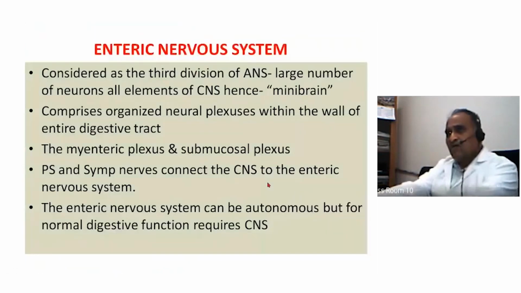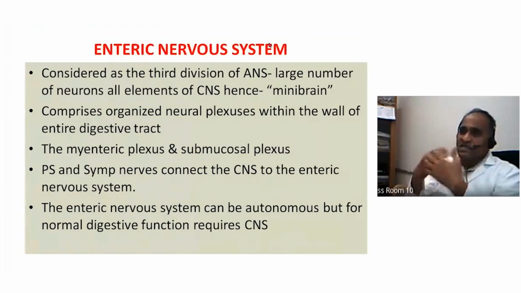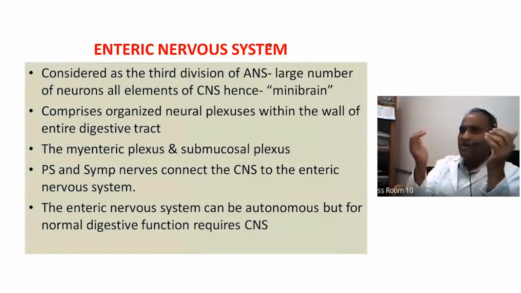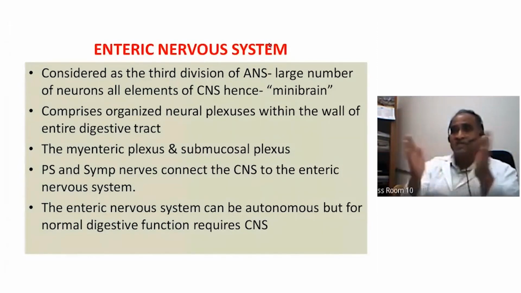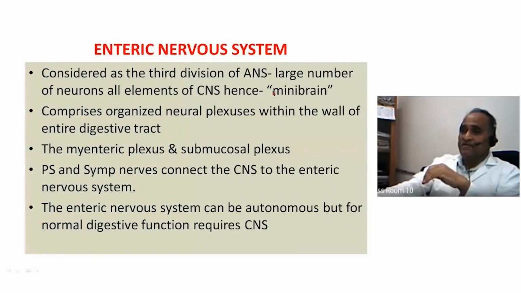Okay, now what is the enteric nervous system? It is the third division of the autonomic nervous system, and it has an enormous number of neurons, as large as the number of neurons present in the entire spinal cord or in the brain. That is why it is called the mini brain.